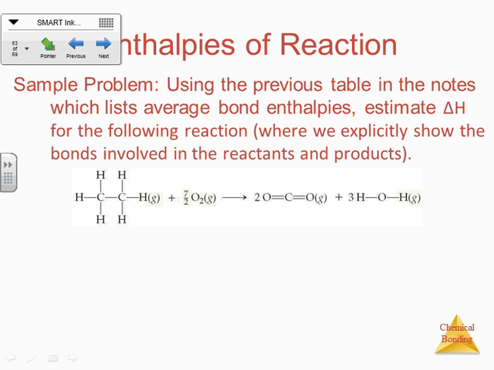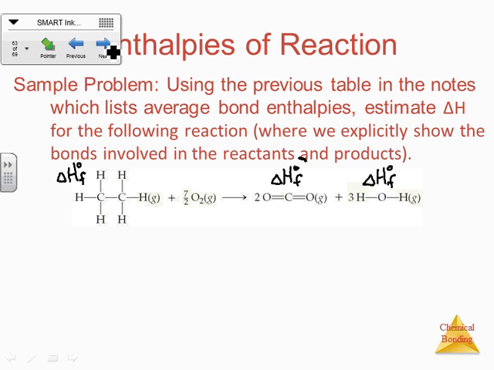You guys remember doing that? So I'd find the delta H of formation of the H2O, the delta H of formation of the CO2. I don't need to find the delta H of formation of O2. Why not? Because it's 0, right? And then I find the delta H of formation of the C2H4, okay?